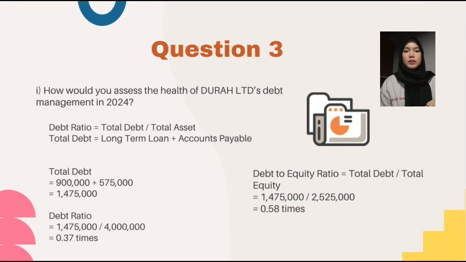So the total debt is 1,475,000 US dollars. And the debt ratio is 1,475,000 divided by 4 million. So the debt ratio is 0.37 times.